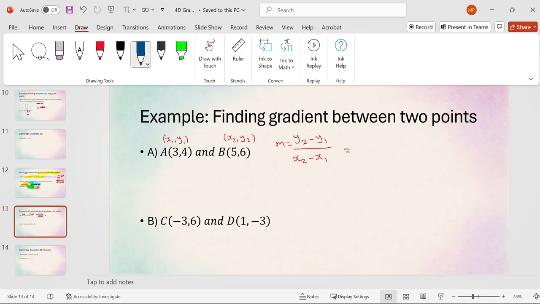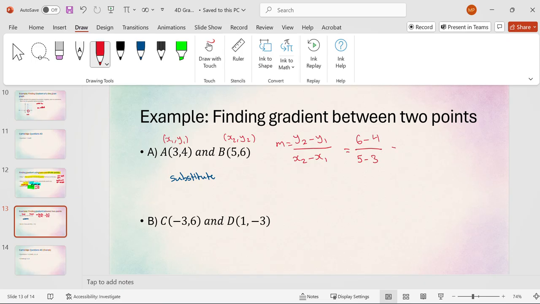What we're going to do next is substitute. We're going to substitute each value based on their respective position, okay? So y2 means 6 minus y1, which is 4, over x2 being 5 minus x1, which is 3.